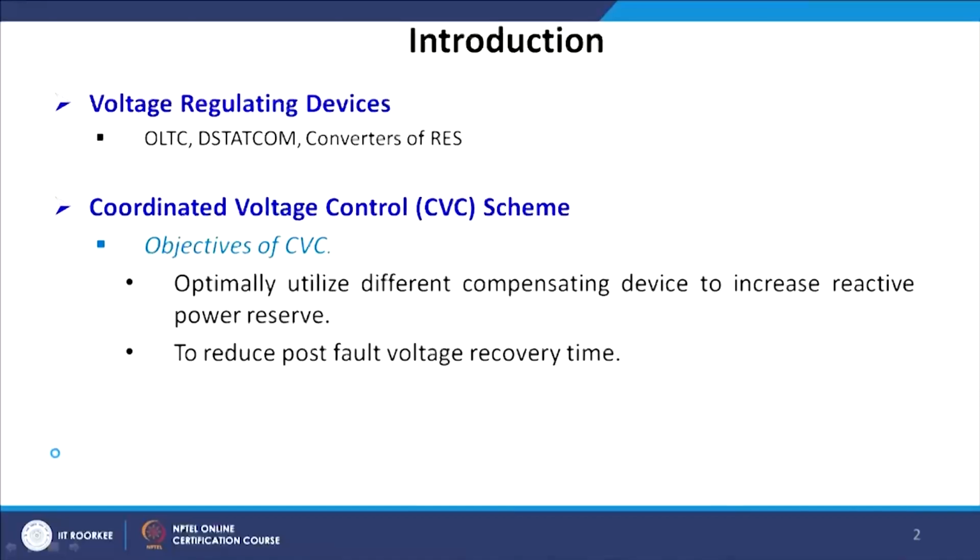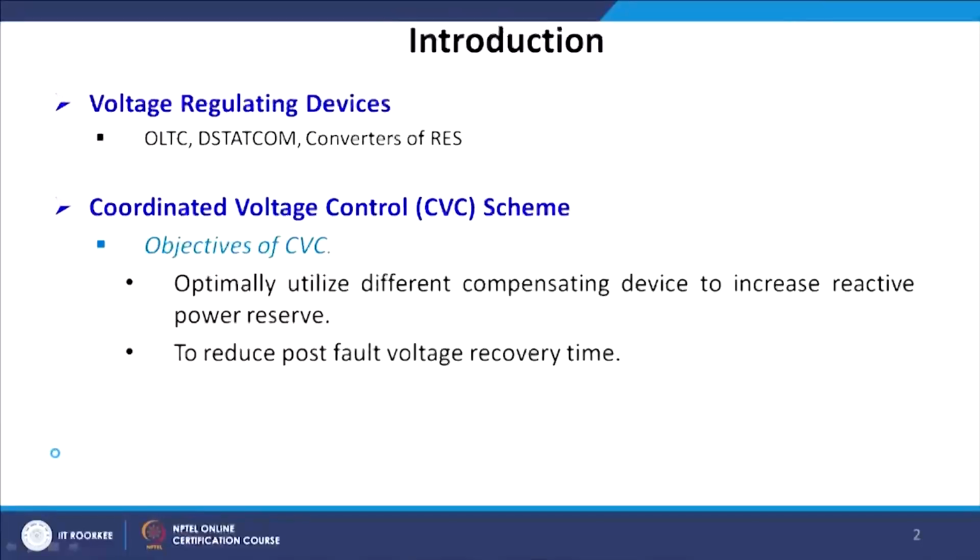Now, if you focus on coordinated voltage control or CVC scheme, the main objective of the CVC is to optimally utilize different compensating devices to increase reactive power reserve. Means the objective here is how to increase the reactive power available within the system to take care of the voltage control.